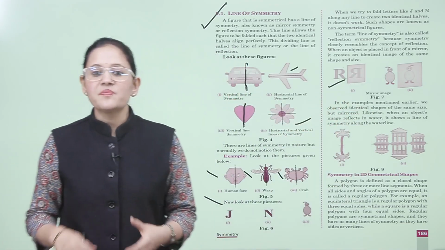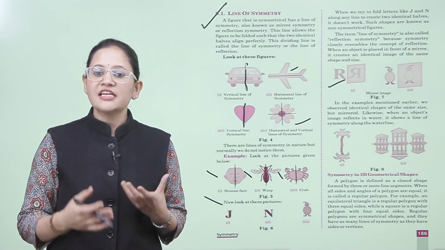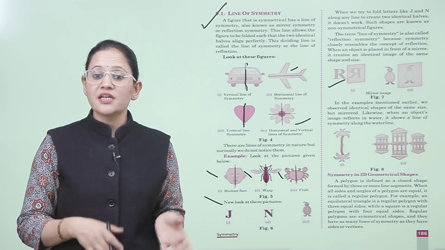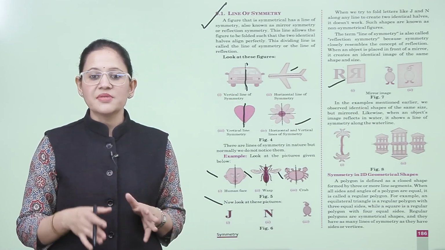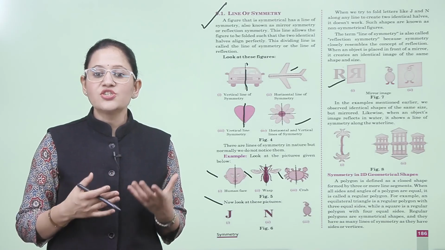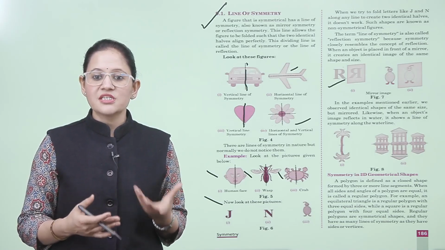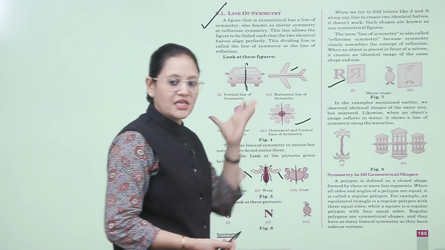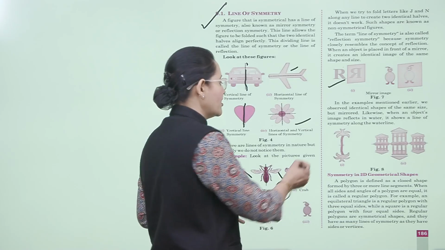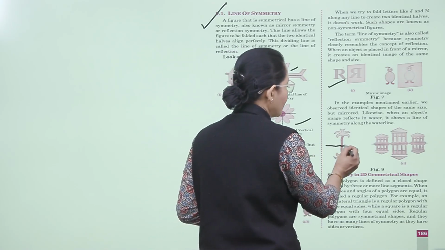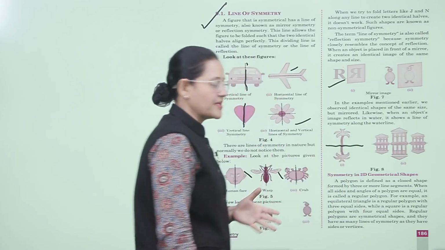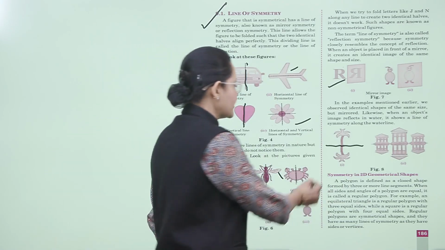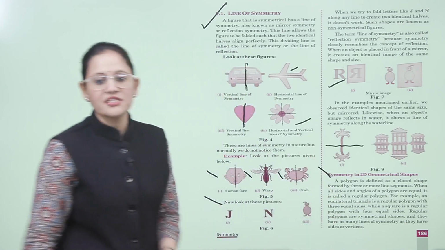In the examples mentioned earlier, we observe identical shape, same size but mirrored. Likewise, when an object's image reflects in water, it shows the line of symmetry at the water line. So if you see the reflection of something in the water, that water line acts as a line of symmetry. Clear?